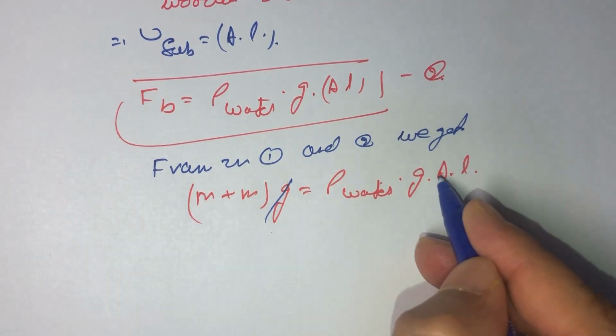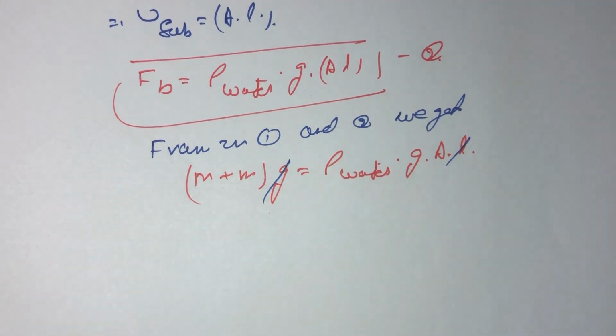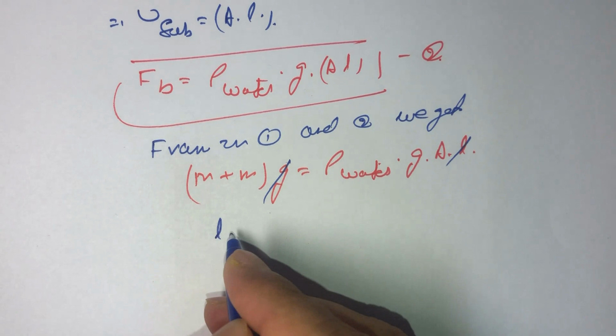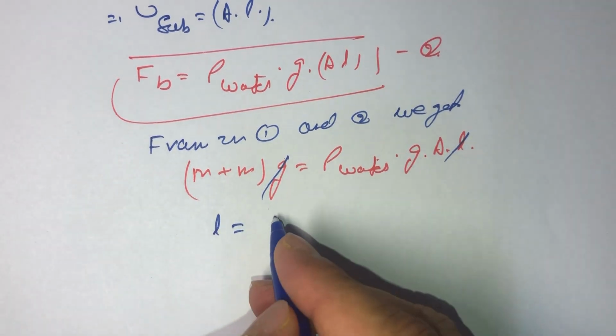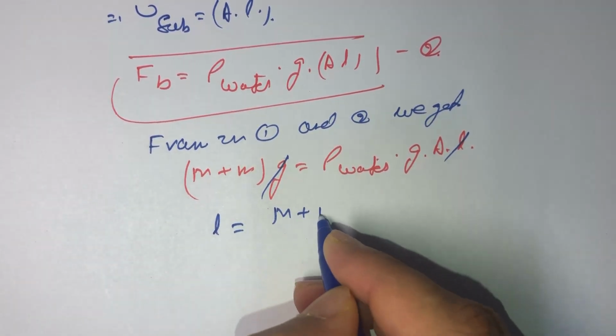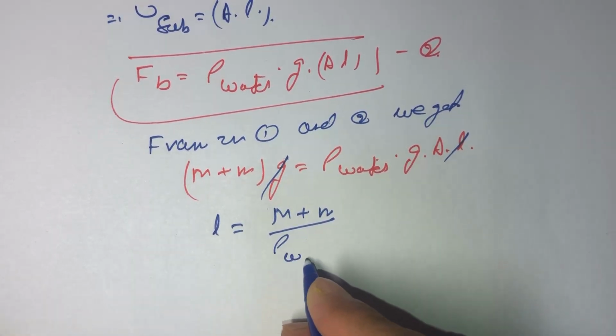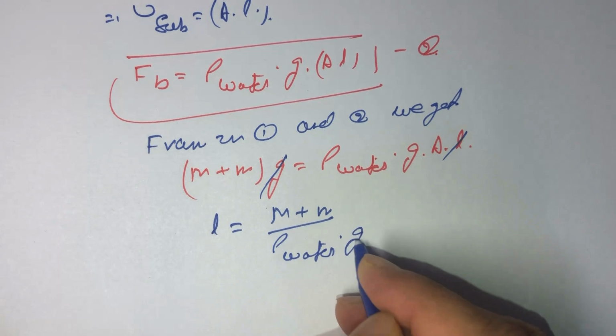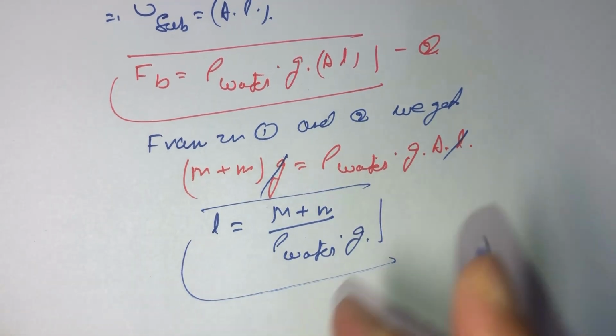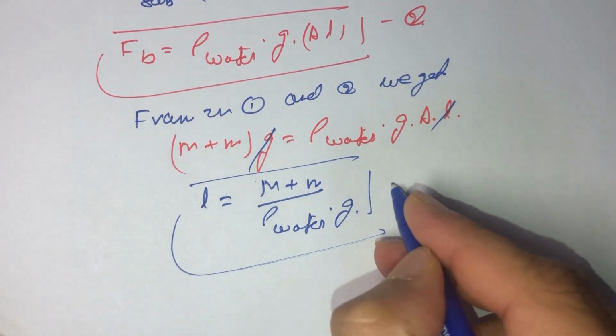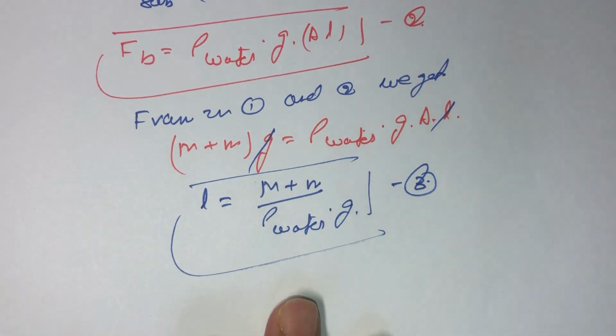So g cancels out with g, and from here we get that the length submerged will be equal to M plus small m divided by density of water multiplied by area A. Let us call this equation number 3.